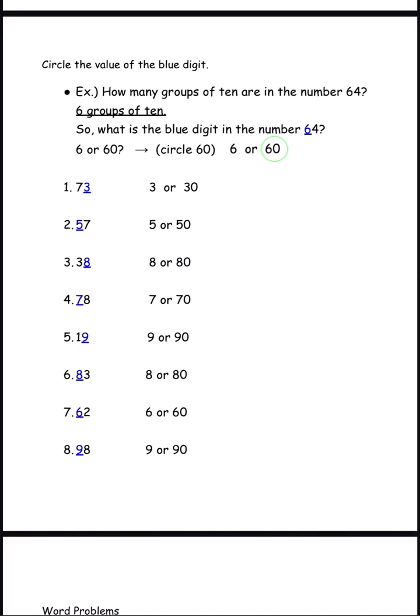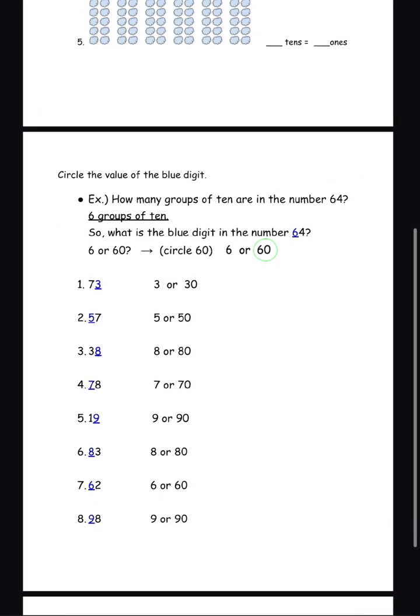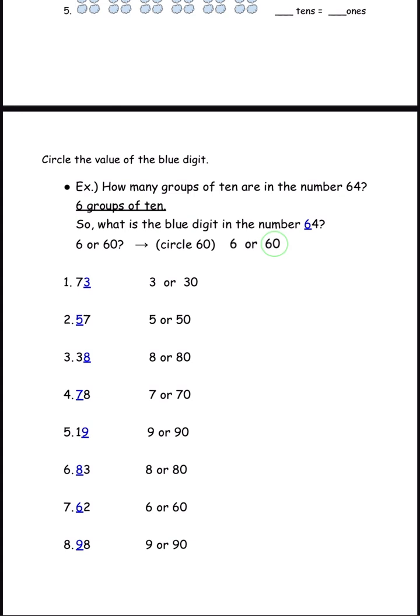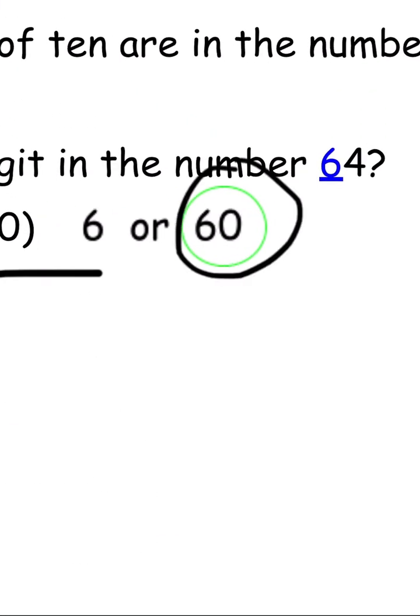So for this page, it says circle the value of the blue digit. And an example says how many groups of 10 are in the number 64? And the answer is 6 groups of 10. So what is the blue digit in the number 64, 60, or 6? The answer is going to be 60, not 6.